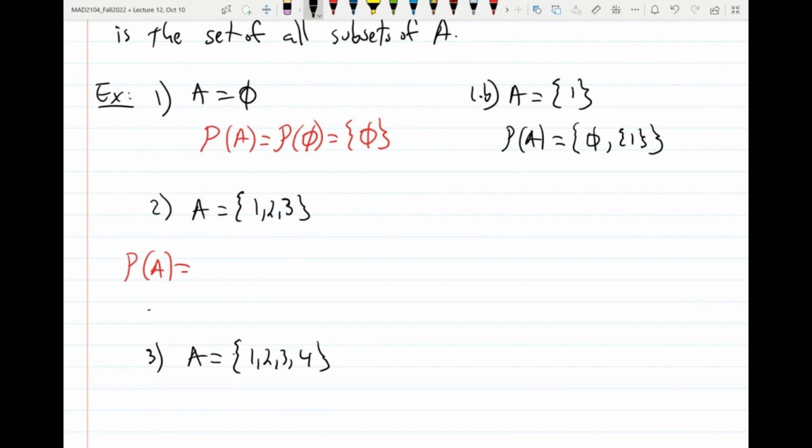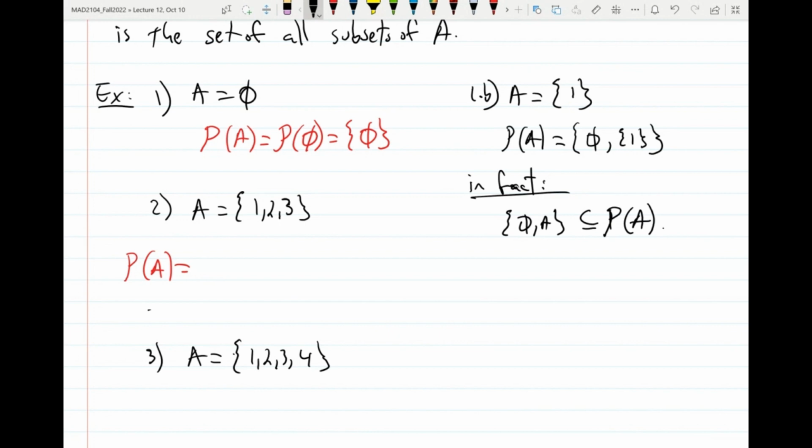So in general, in fact, the power set of A always contains the following elements. A subset of the power set is this set.